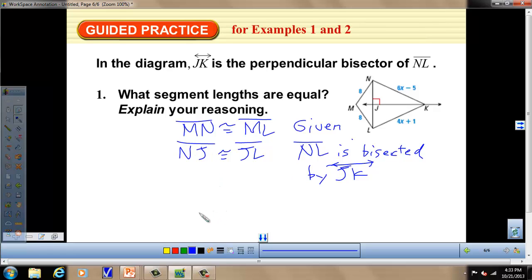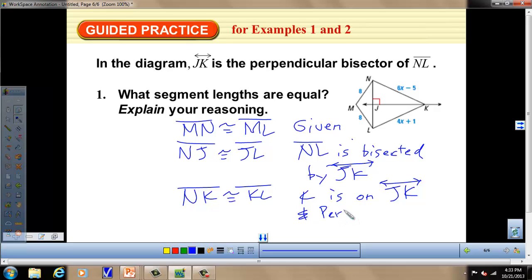And then finally we can state NK is congruent to KL because K is on line JK and therefore the perpendicular bisector theorem.